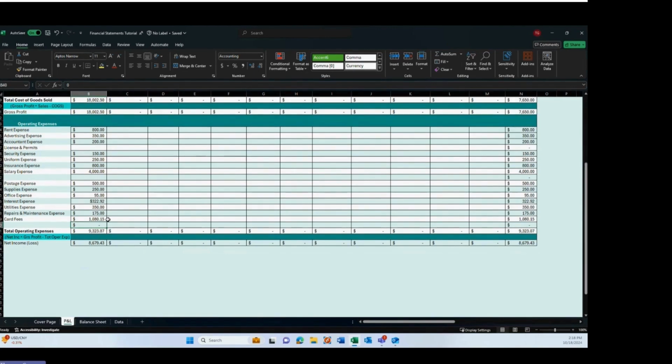For us, what that means is our break-even point, which is the point at which you cover all your costs and you begin to actually make a profit. That break-even point is going to be $9,323.07. So that's the amount of money that you had to make in January to break even and begin to make a profit.